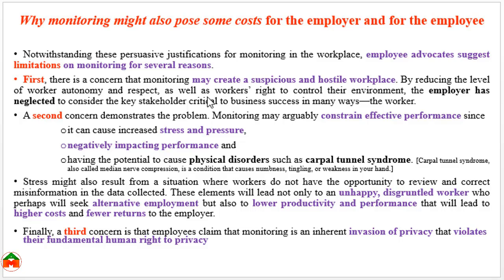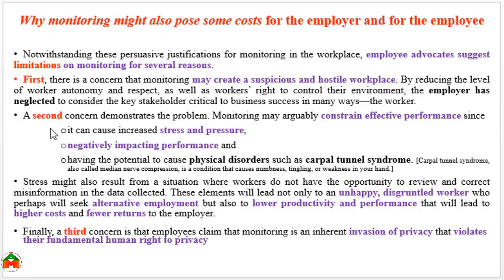By reducing the level of worker autonomy and respect, as well as workers' right to control their environment, the employer has neglected to consider the key stakeholder critical to business success in many ways, the worker. In that case, the worker may think that they are being neglected.